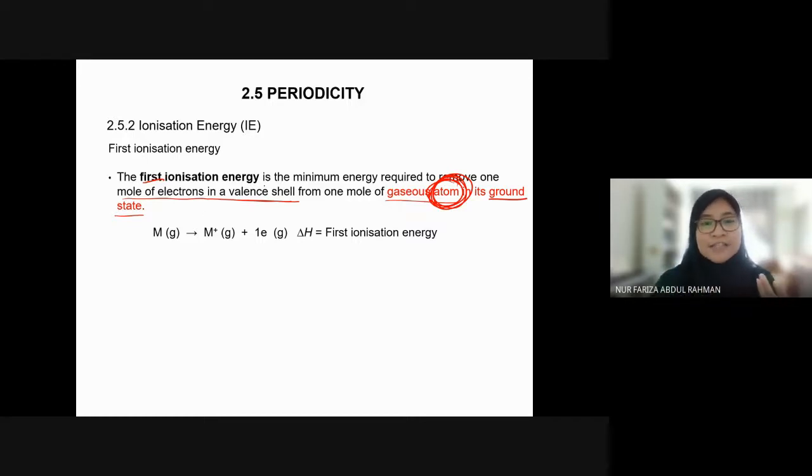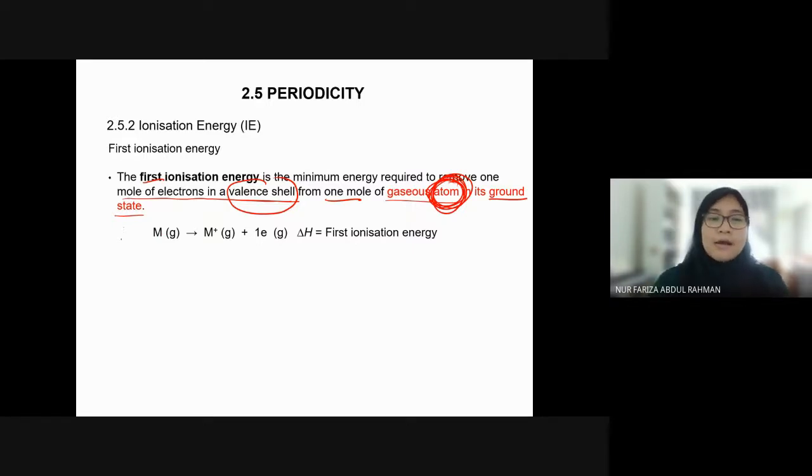Okay, bila dah ada valence electron maksudnya daripada valence shell lah. Betul tak? 1 mole of valence electron from 1 mole of atom in gaseous state. Boleh juga. Okay, you may have that also as your definition regardless, okay?